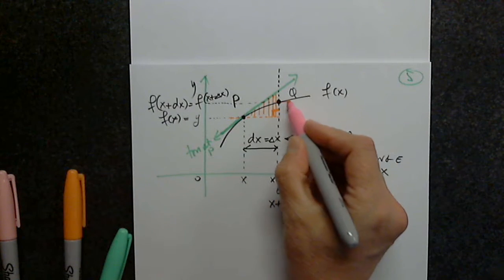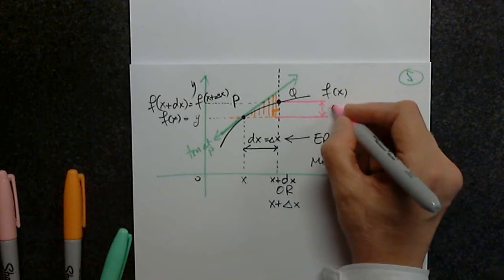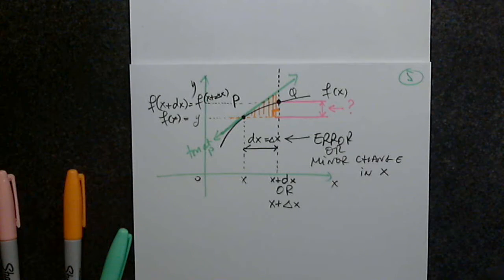I would like you to tell me what this represents. So let's go back for a second and analyze this with an example. Let's suppose I manufacture discs. And when I manufacture discs, I realize that I have a minor error in the radius of the disc. So instead of having 3 inches, I have 3 inches plus a little bit.